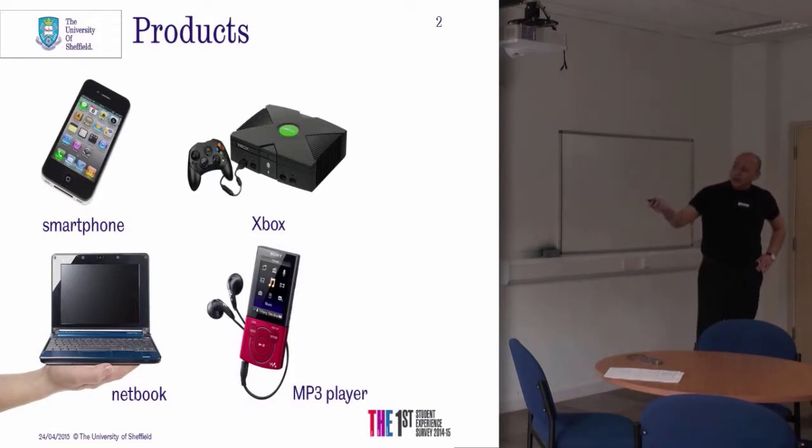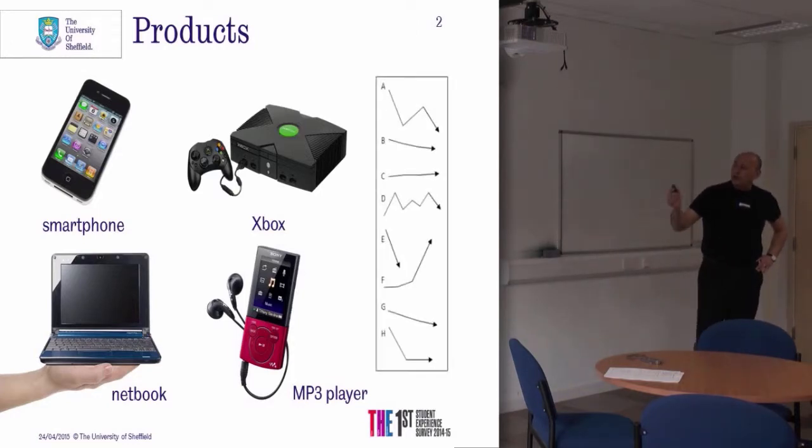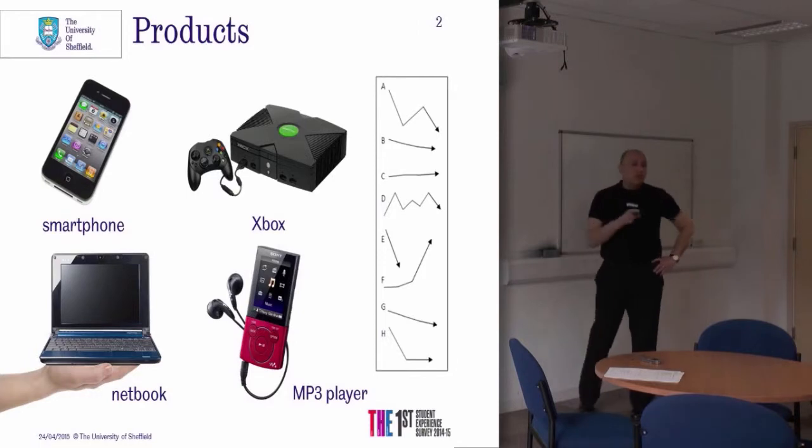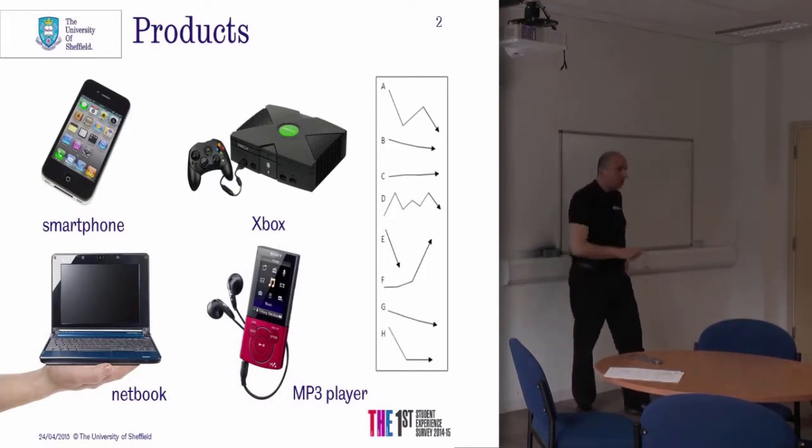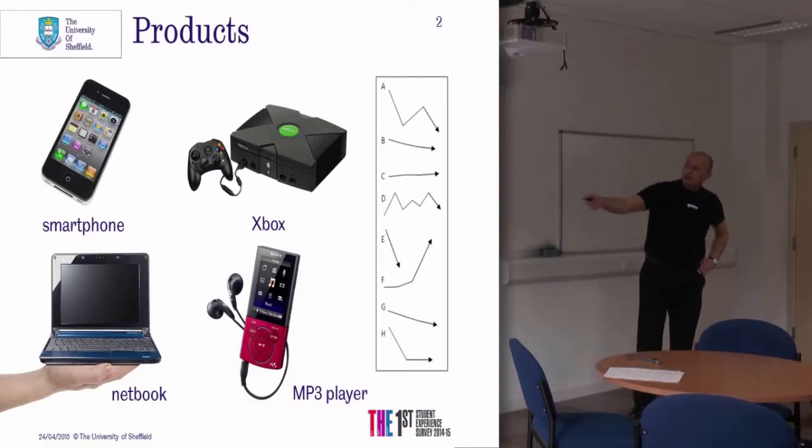Now, thinking about these 4, you can see here we've got 8 line charts. What I'd like you to do is discuss, thinking about the products, such as the smartphone, which one of these do you think most reflects sales of that product? You can see some of them are down, some of them are up.